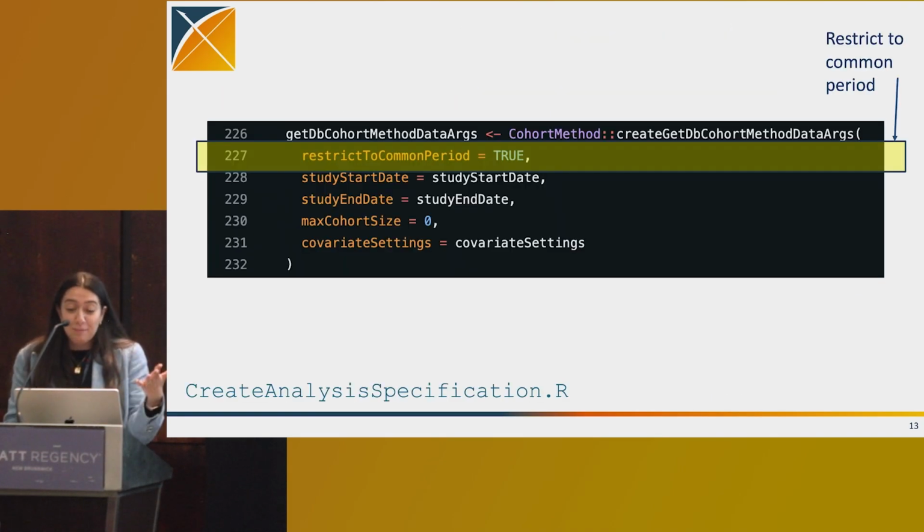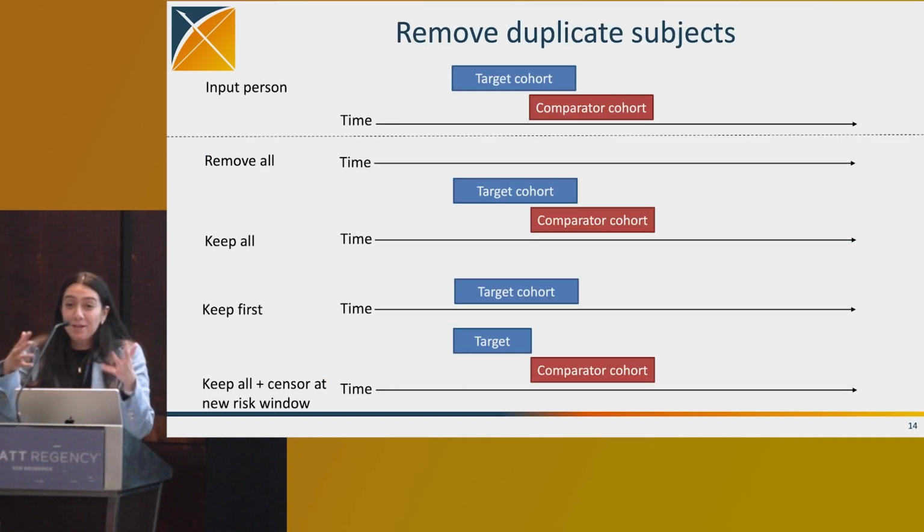To implement this, in the create analysis specification script, we'll look for a flag called restrict to common period, which you can set to true or false. I think our default is true, but there might be instances where it's appropriate to set this to false. This parameter is a little deeper into the analysis specification file because it's not one that's often changed, but I want you to know it's there if you find it relevant for your study in the future.